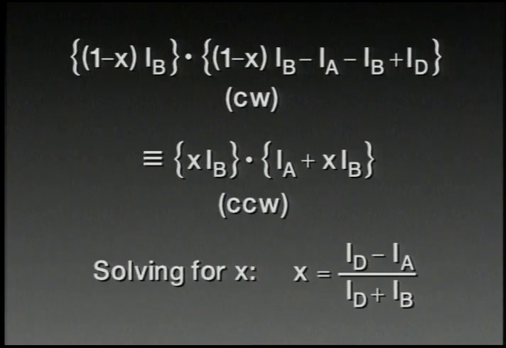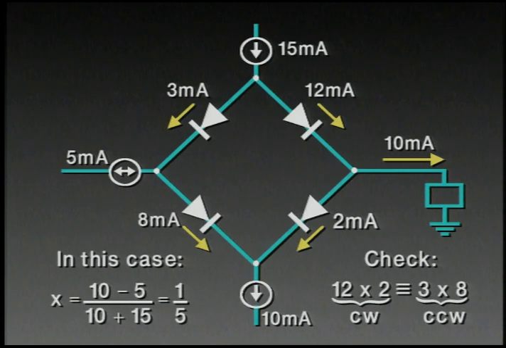And in this particular instance, not that it's a very general result of great value, but in this particular case, x has the value shown in the final equation. Now we can go back and work out the conductance from the input point to the output point. We might first check, as in this example, that it really works as shown.